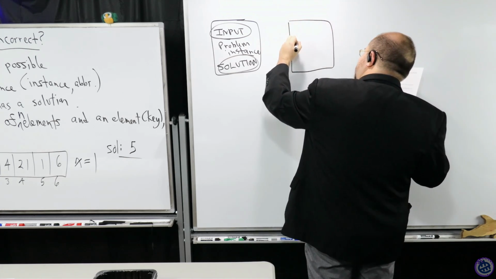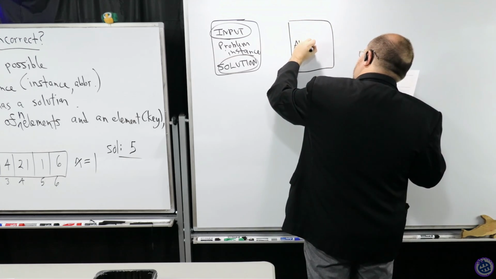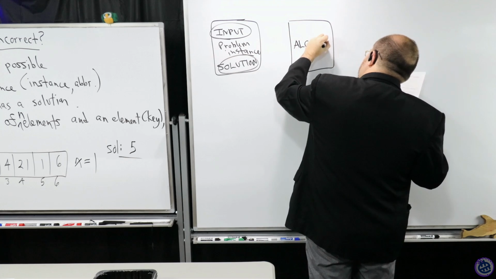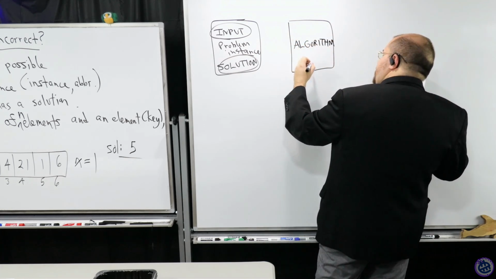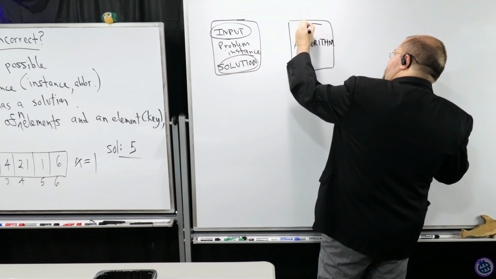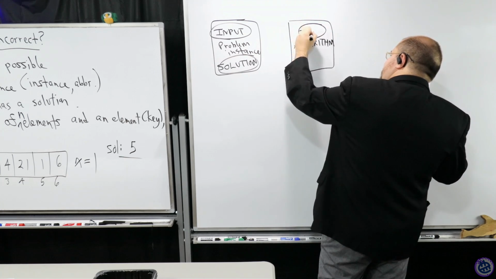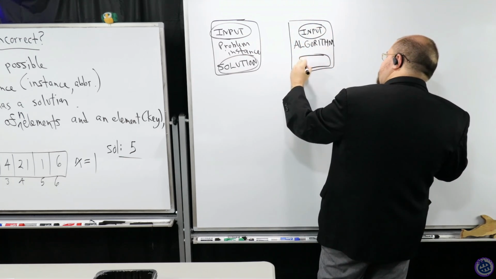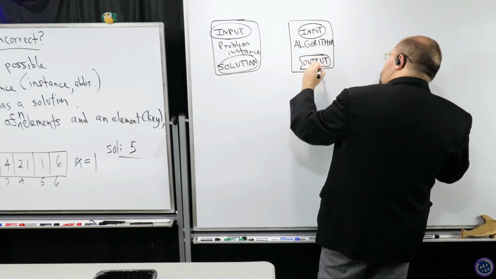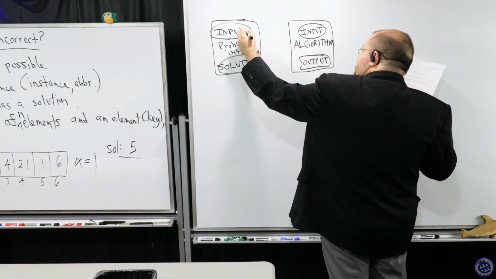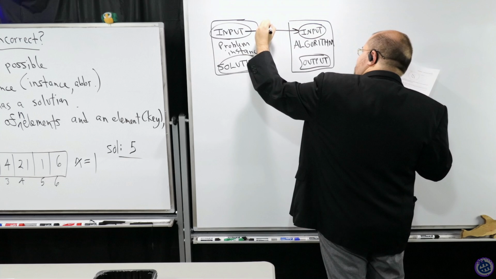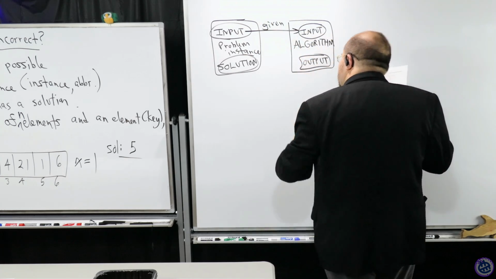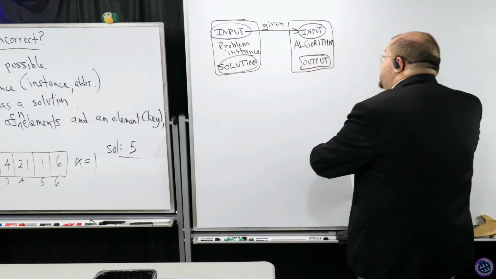One way I could do this is using an algorithm. An algorithm, naturally, takes in inputs and it produces output. So this is given to the algorithm, and naturally, the algorithm does some process.